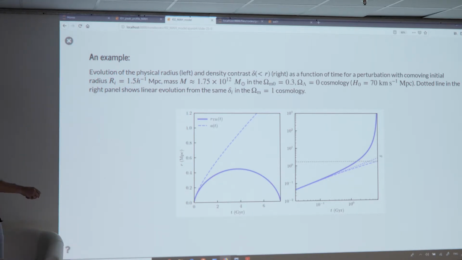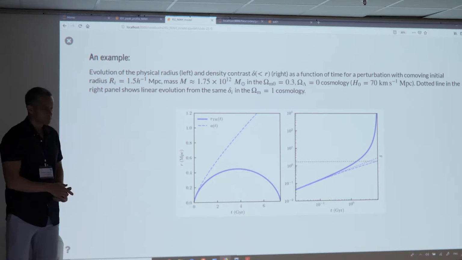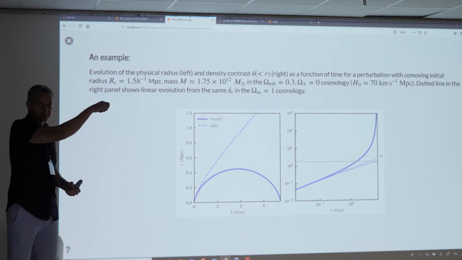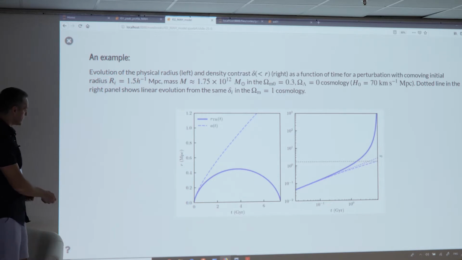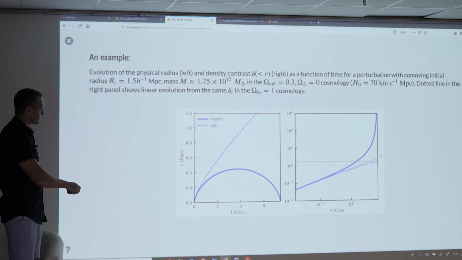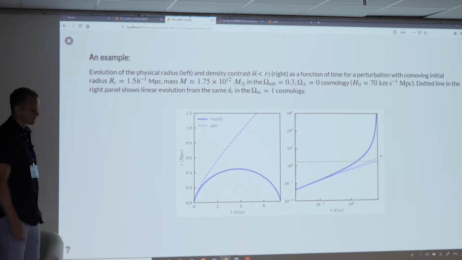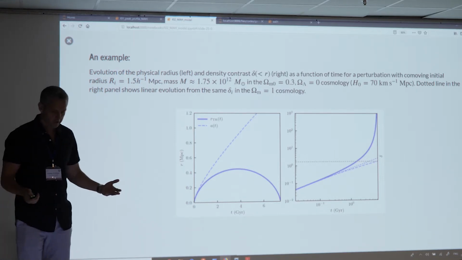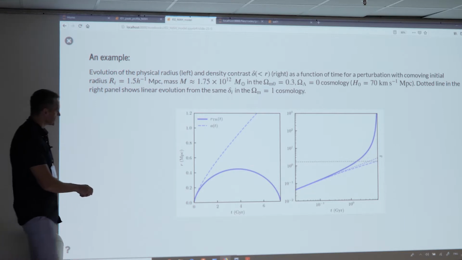And again, it has this form, which is the form that describes the evolution of a pen when I threw it. Right? It goes up because initially the perturbation was expanding with the universe. Then the gravity of the mass enclosed within the perturbation slows it down until this moment when velocity is 0, and then it starts to collapse. Because there's no dark energy, this curve is symmetric around the maximum.